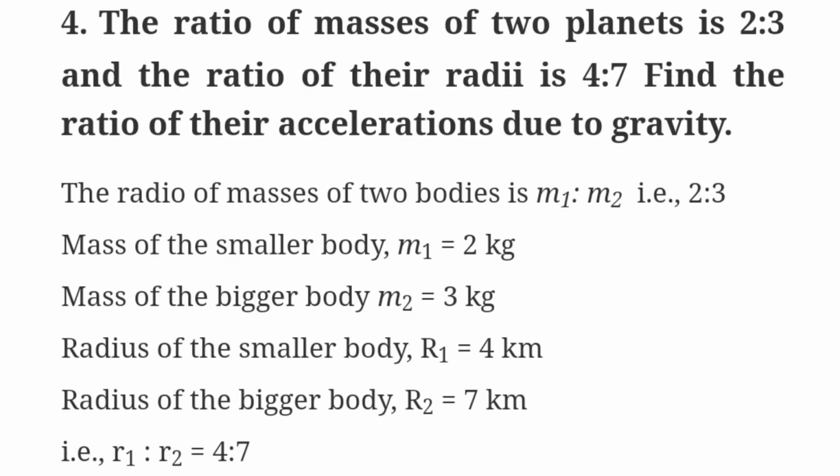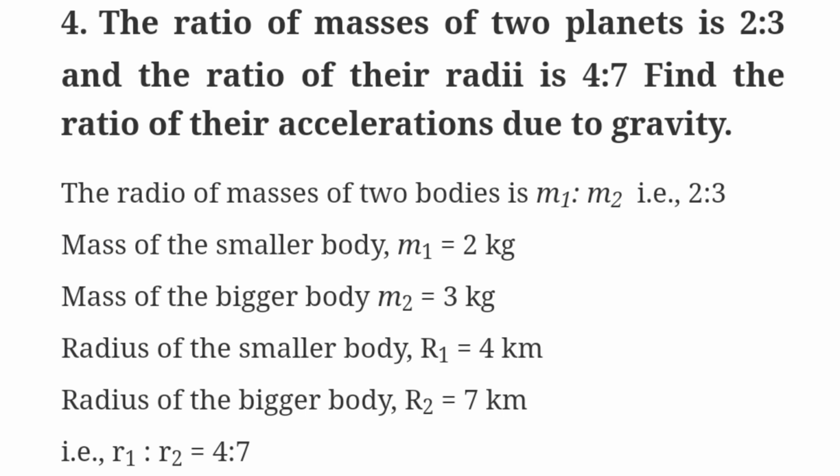Fourth one, the ratio of masses of two planets is 2:3 and the ratio of their radii is 4:7. Find the ratio of their acceleration due to gravity. The ratio of masses of the two bodies, m1 is to m2, is 2:3.